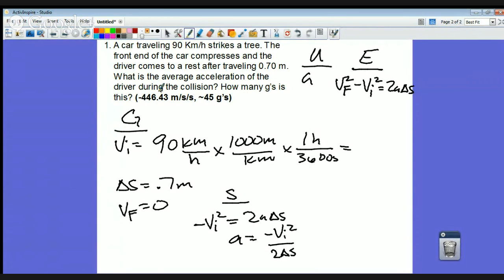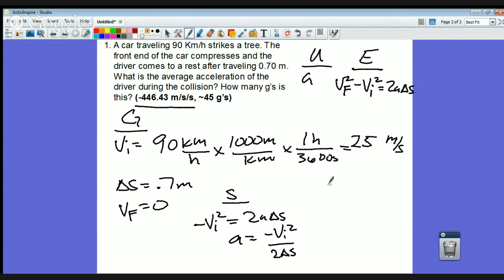It's a shame there's so much of a delay until you hear what I say, or else I could ask you guys to tell me what it is real quick. So 90 times 1,000 divided by 3,600 is going to give us 25. And here we've got 25 squared divided by 1.4, which is in fact 446.43. So that gives you the answer that they show here.